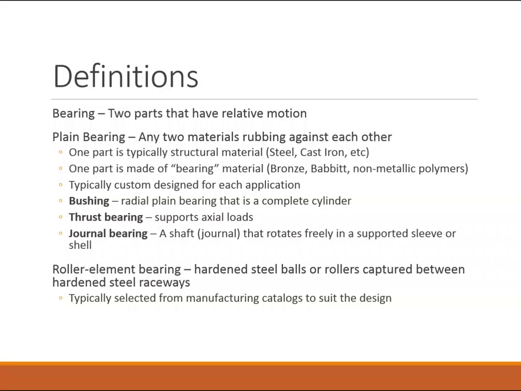These are very rarely designed custom for an application. Much more often, these are selected from manufacturing catalogs, and they're made in large bulks, and you purchase the type that fits your application. So with a plain bearing, you're going to design the bearing to match your shaft, and with a roller element bearing, you're going to design your shaft to fit a particular bearing.